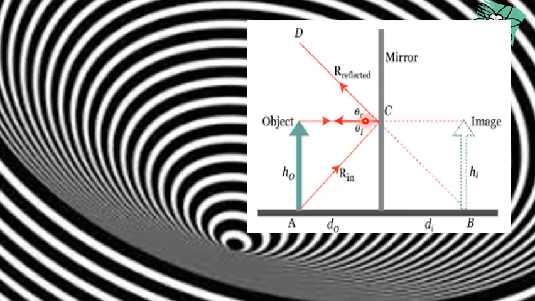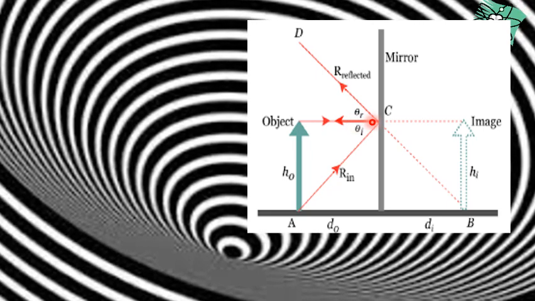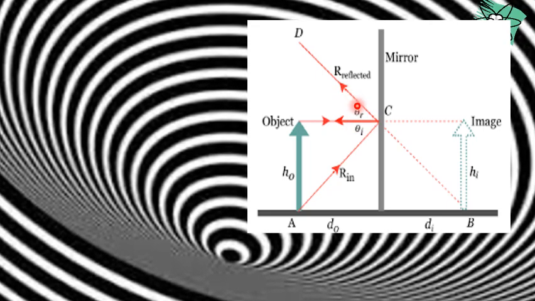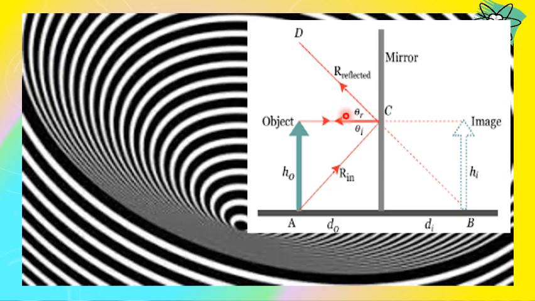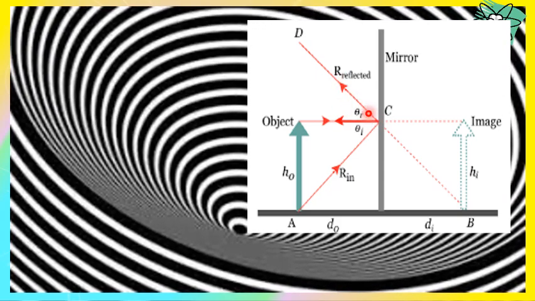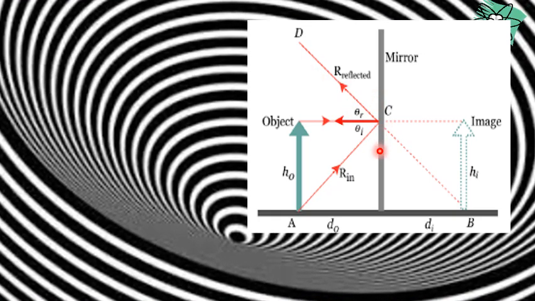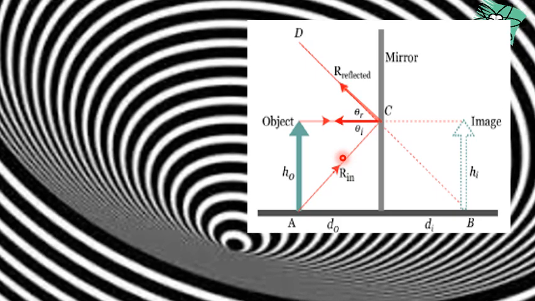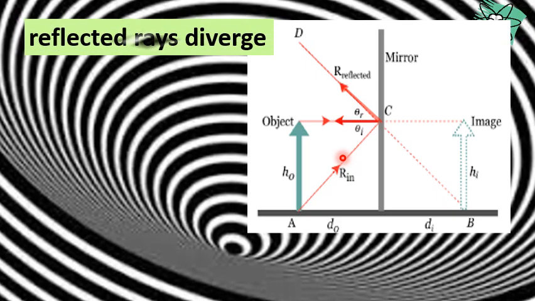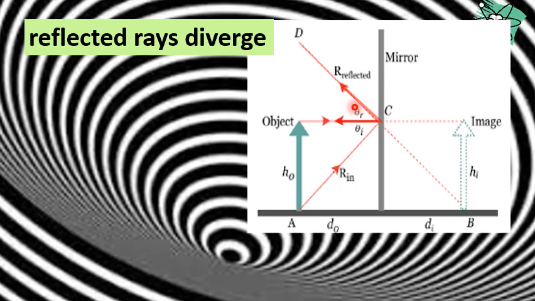All right, so notice that the two reflected rays are not parallel, right? We say that the two reflected rays tend to diverge away from the mirror. So the term is diverge. They are not parallel.